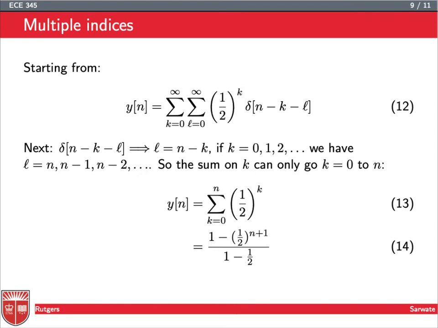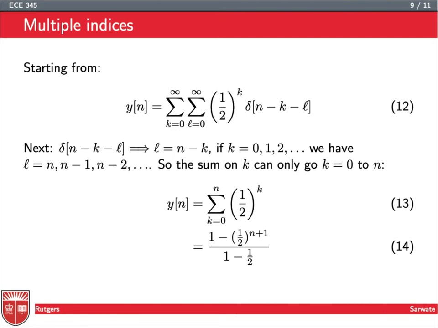So we can wiggle that around into a condition on l: l has to be equal to n minus k. And we have n here, and we have k here, so I can get rid of one more summation, and the summation can only go from k equals 0 to n. So k used to go from 0 to infinity, but can really go only from 0 to n, because we need to have this condition that l is equal to n minus k.